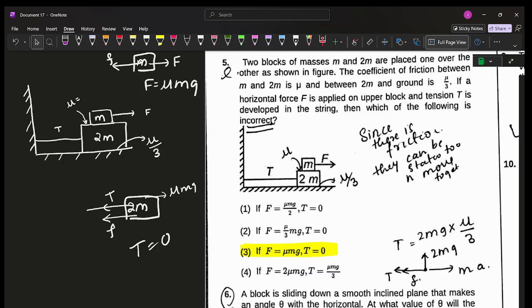They're not asking which is correct, which is incorrect, which means there are 3 options which are correct, and I need to somehow get those 3. How is it possible? If it's moving towards the left, I think tension will be 0 in those cases.